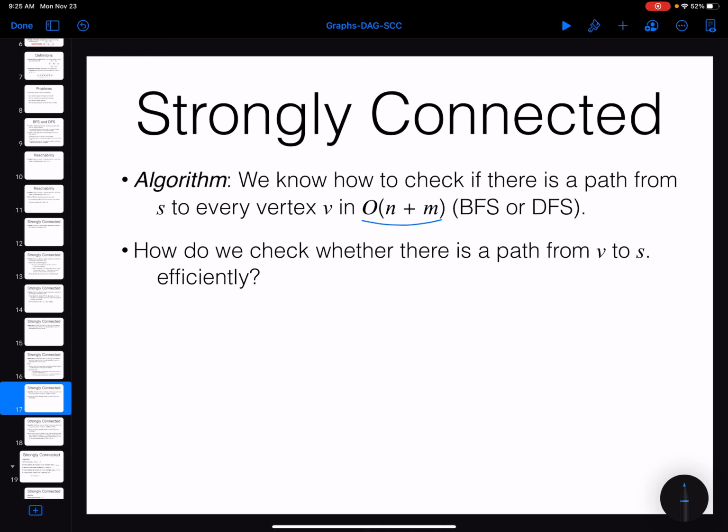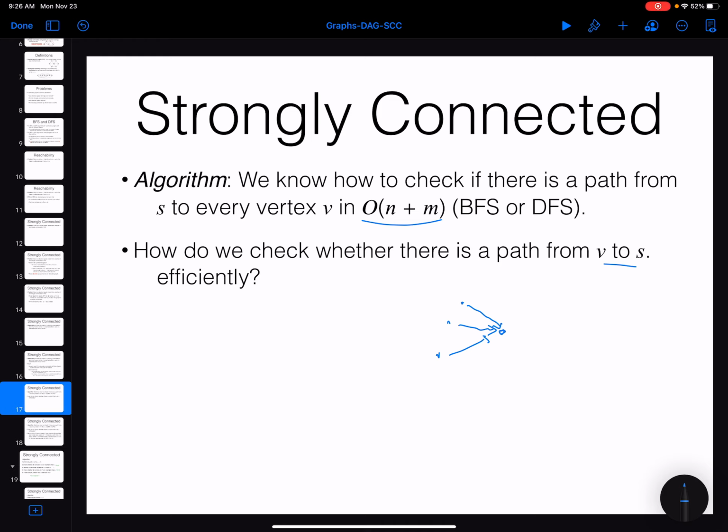Here I'm going to give you a trick that helps us a lot when we solve problems over directed graphs. In the second part, we are looking for many paths, but all of those paths have the same endpoint, right? From all the nodes, you want to find a path that ends at S. So what if I created a new graph and reversed the direction of all the edges?